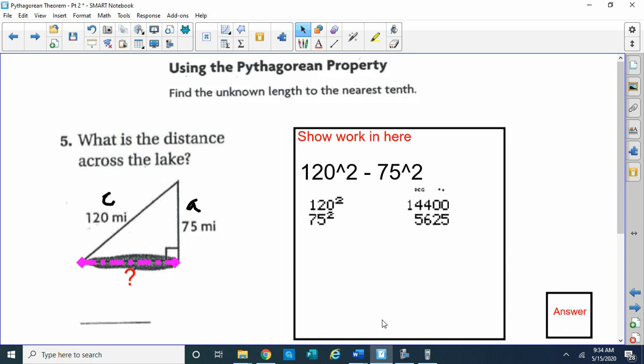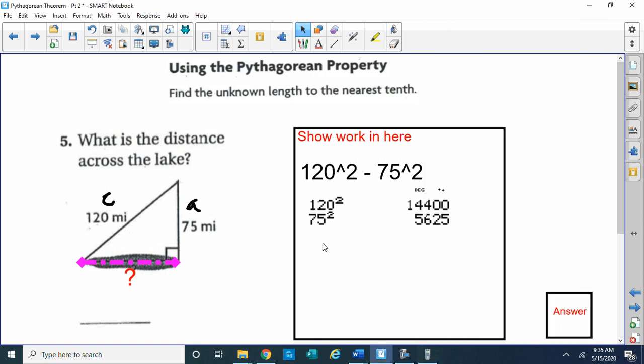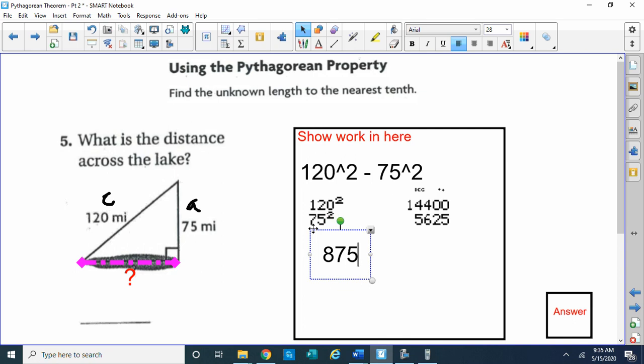Okay. Now let me go back to my calculator. Let me subtract those two numbers. 14,400 minus 5625. And I'm glad I have a calculator. And now I got to take the square root.